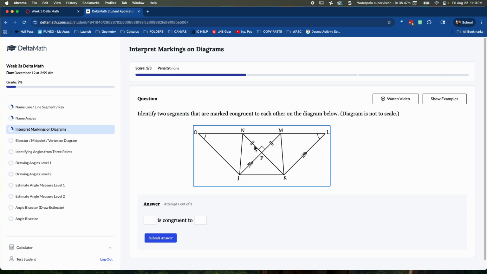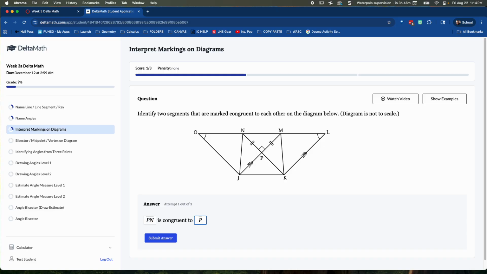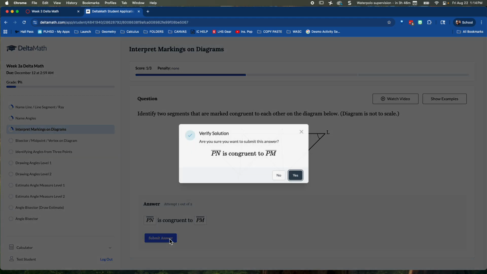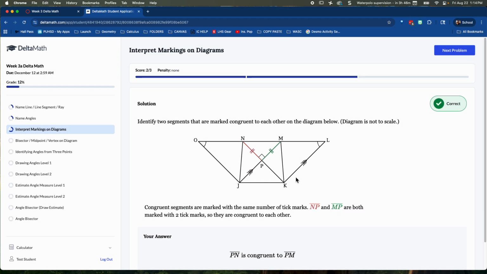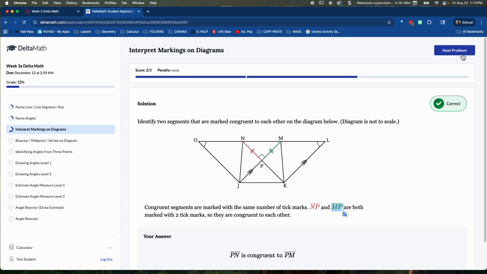I notice that PN has some markings and PM has some markings. So I'll say PN, capital PM. Those have pairs of markings that go together. And it says correct. I could have marked NP or MP. I could have marked it in other ways as well.